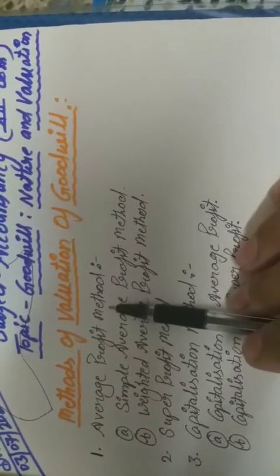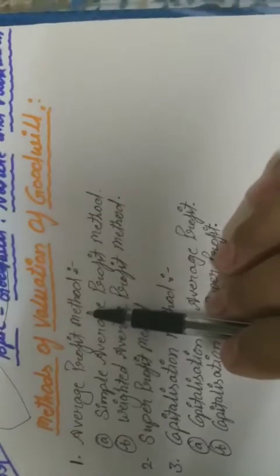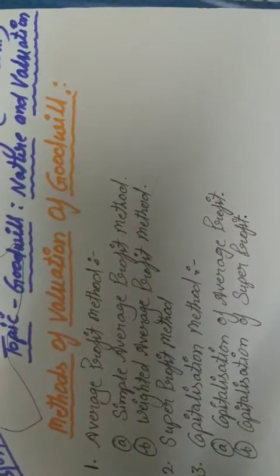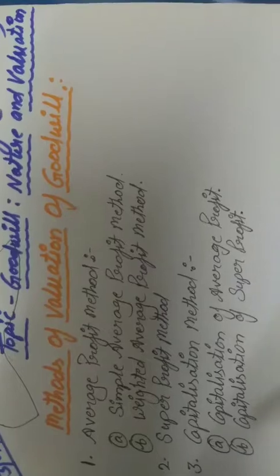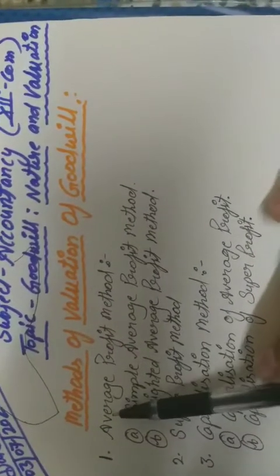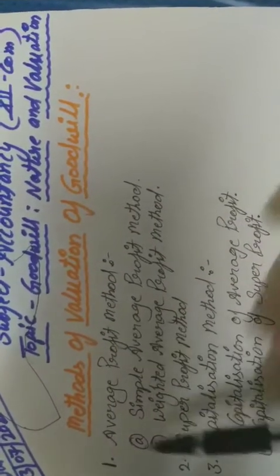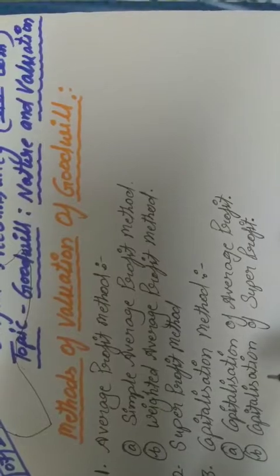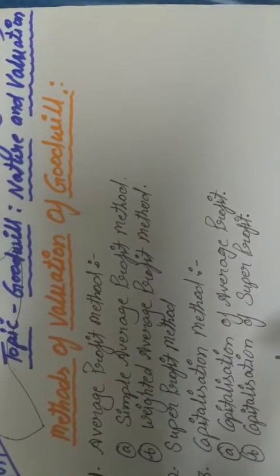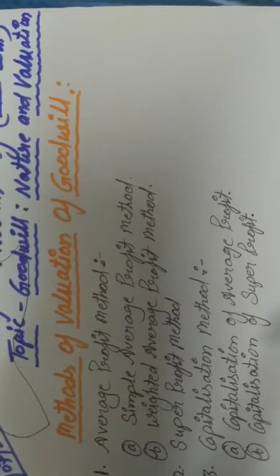How do we calculate the average profit of the firm for different years, and then the goodwill? Average profit is similar to the mean you already calculated in statistics in 11th class economics.